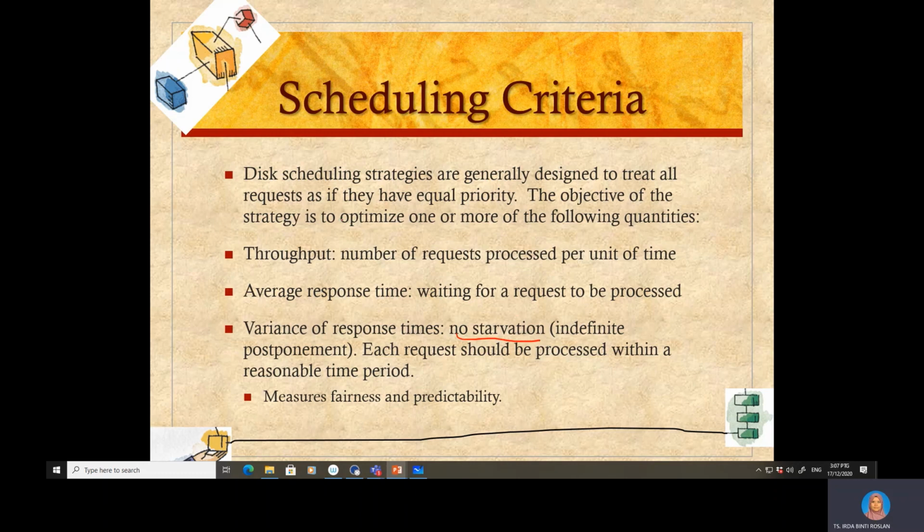So the objective is to look at the throughput and the average response time. For response time, you have to make sure there is no starvation. This is where fairness and predictability are measured. These are the criteria that will be looked into when using any disk scheduling algorithm.